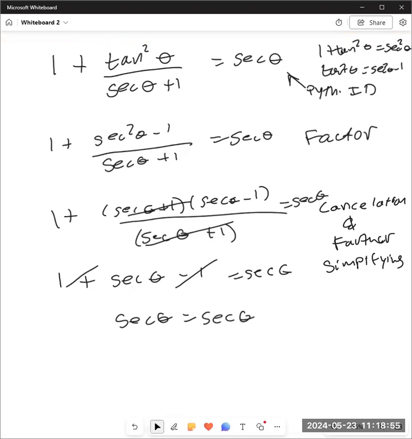I'll let you get a good look at that. Again, this was problem based off of 6.4.43.